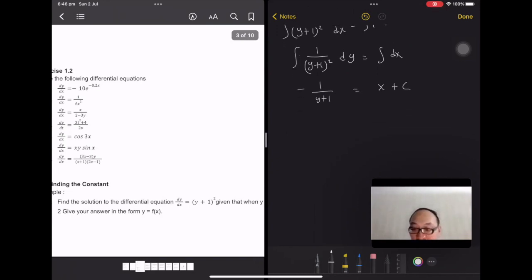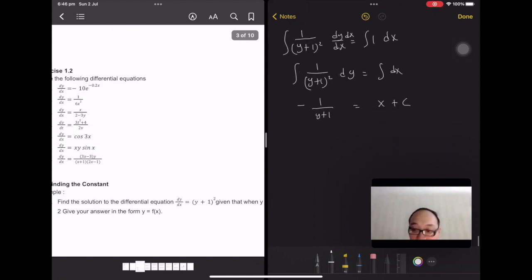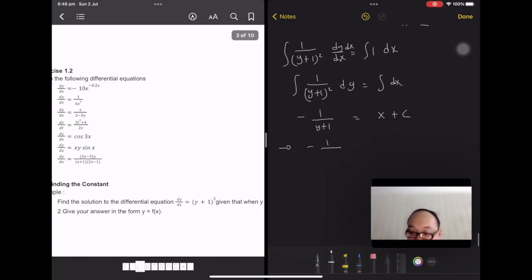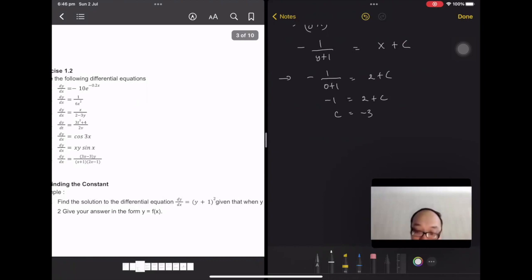We can find the value of c using the condition when y equals 0, x equals 2. So we put the condition here: negative 1 over (0 plus 1) equals 2 plus c. So negative 1 equals 2 plus c, so c equals negative 3. So the expression is negative 1 over (y plus 1) equals x minus 3.